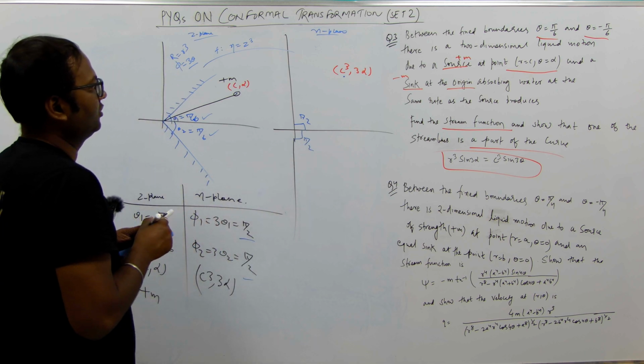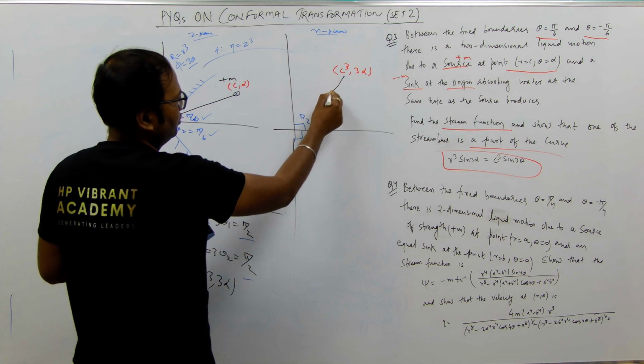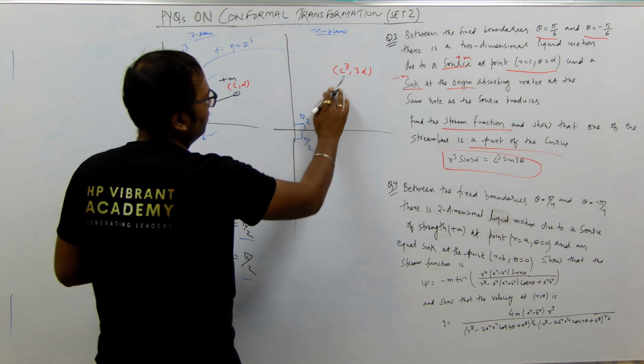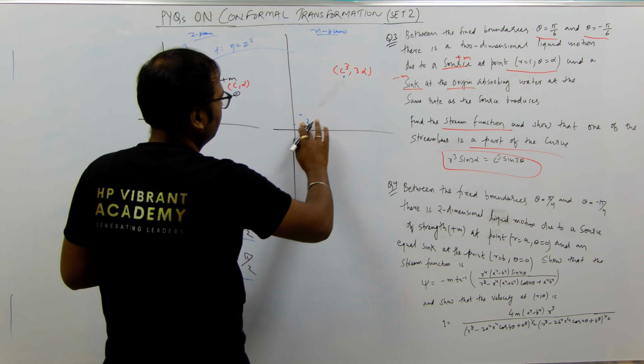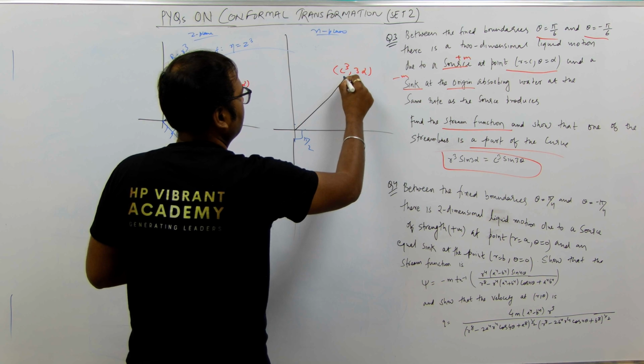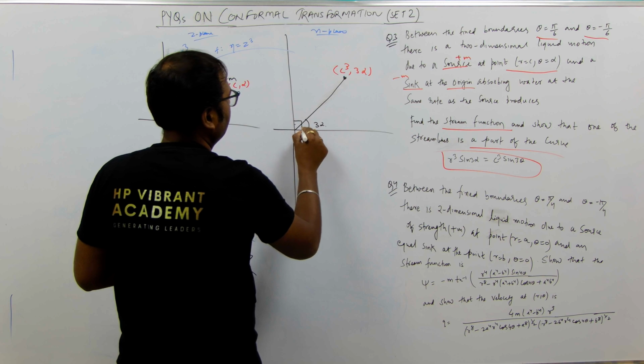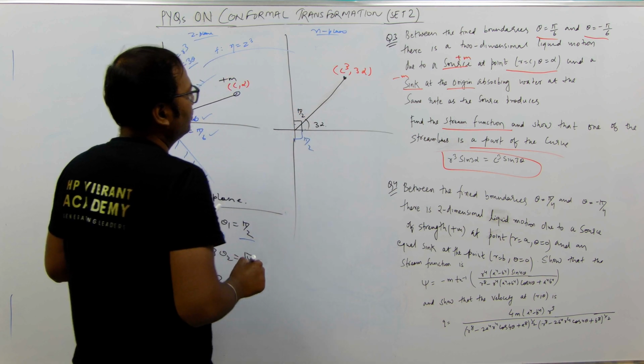Do you understand? So our point is like this. Okay, this is 3 alpha and this whole boundary is at pi by 2. Do you understand?